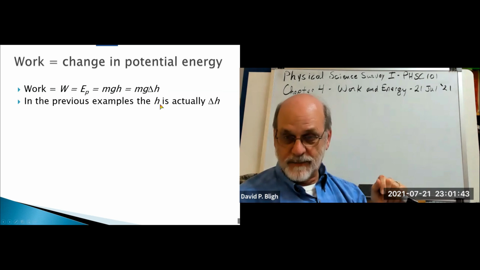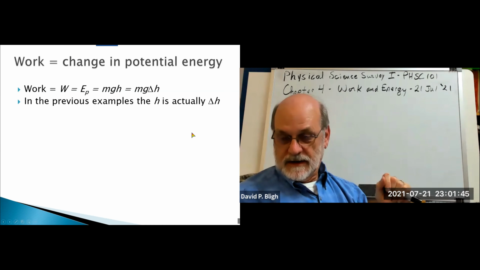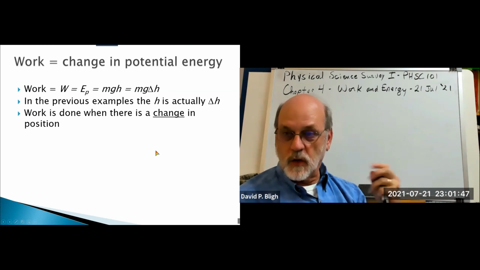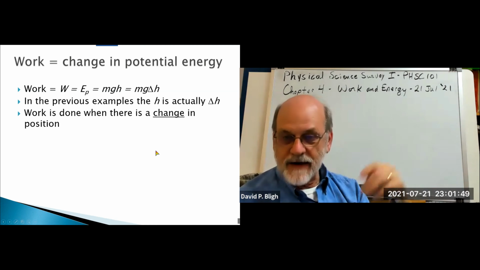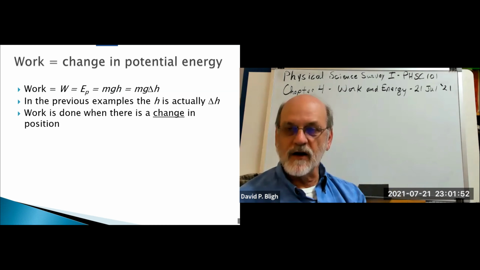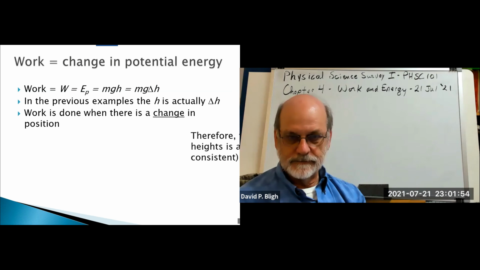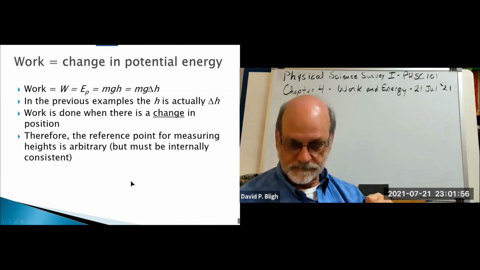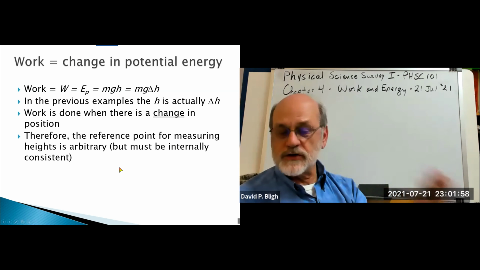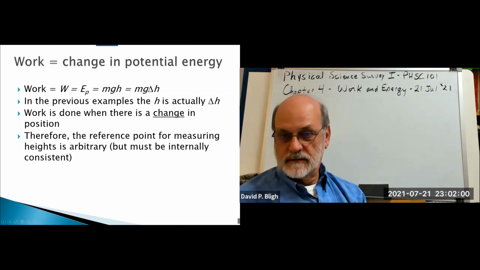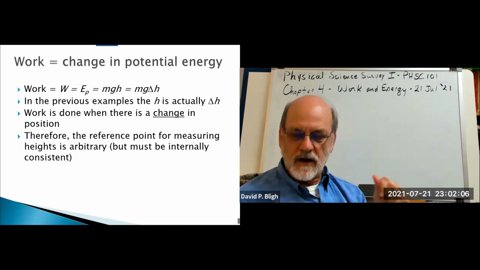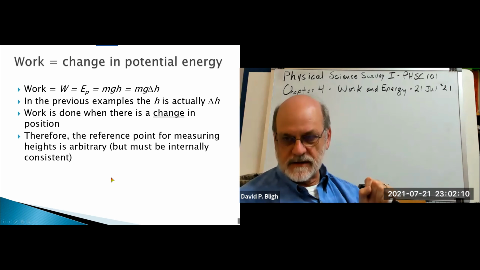If in the previous example the height is h, then the change in h is what it was before, what is it after, right? Always the final minus the initial. So we just choose the reference point. You may consider it arbitrary, or we might have good reason to pick a reference point. But it must be consistent.